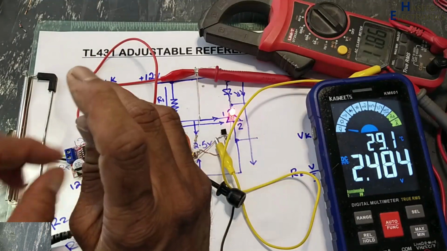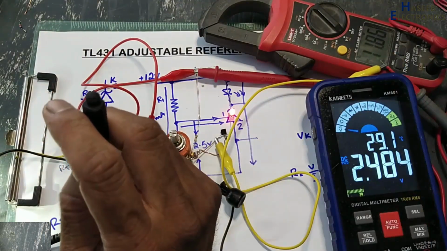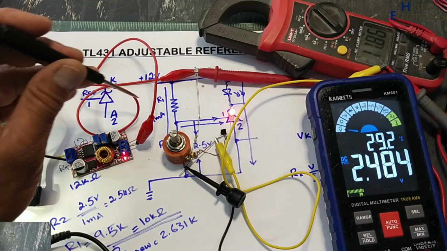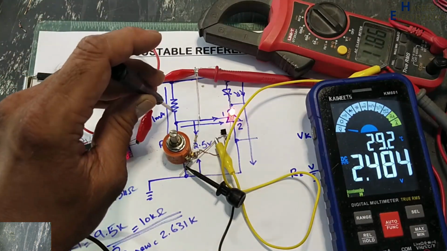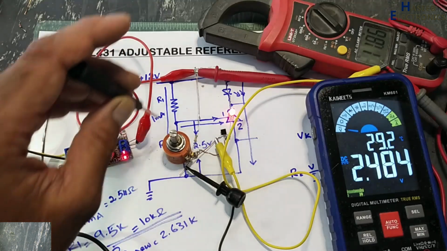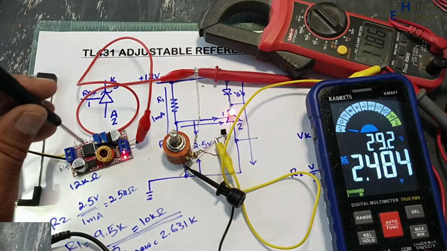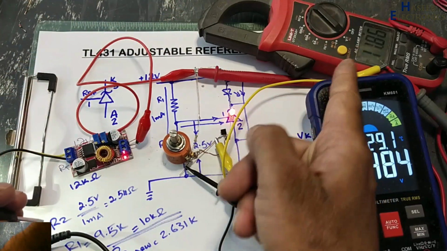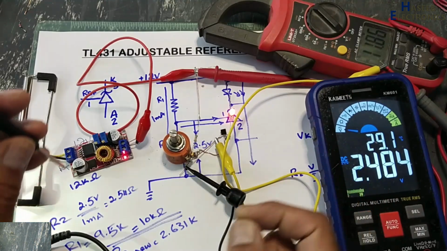If the voltage drops from here, 11.86, this is because these resistors are not exactly accurate. This is slightly less, so this is the reason it is triggering before 12 volt.